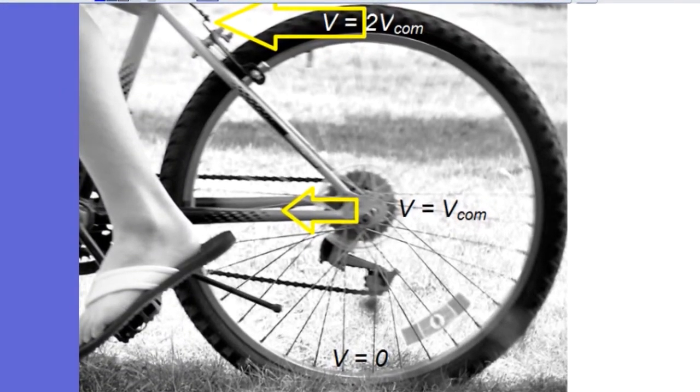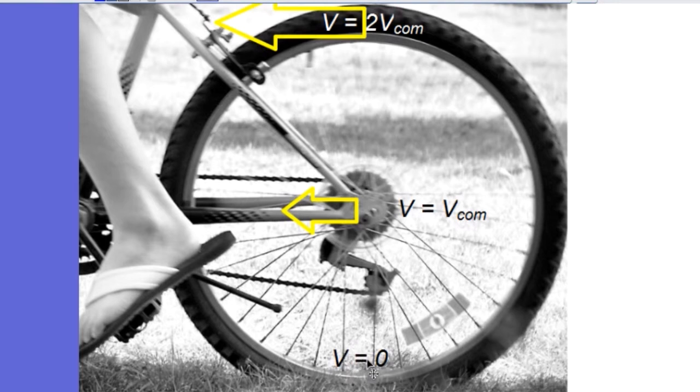Here in this picture, even though it's moving to the left, where in my other diagram it was moving to the right, you can still see that at the bottom, the velocity of the wheel with respect to the ground at that point of contact is 0. The axis is moving at the velocity of center of mass, and the top is moving at twice the velocity of the center of mass. And this picture demonstrates this nicely because you can see up here at the top, the spokes are blurry and out of focus, whereas here at the bottom, they are sharp and in focus.